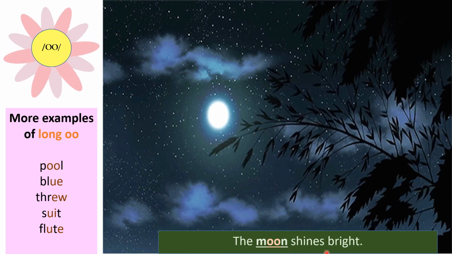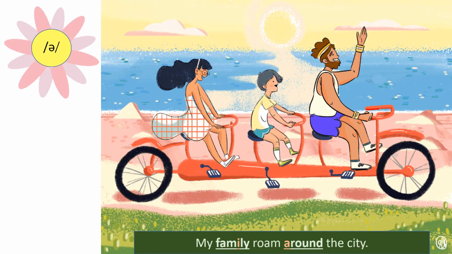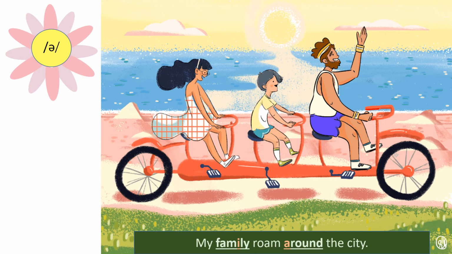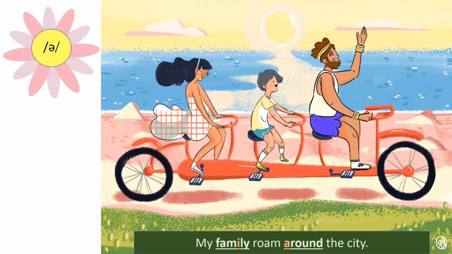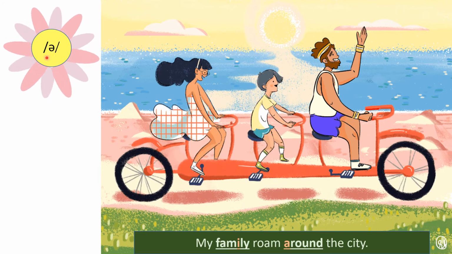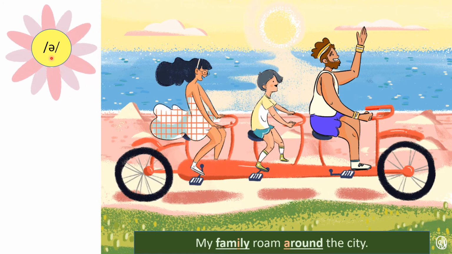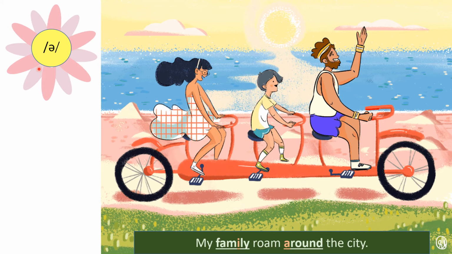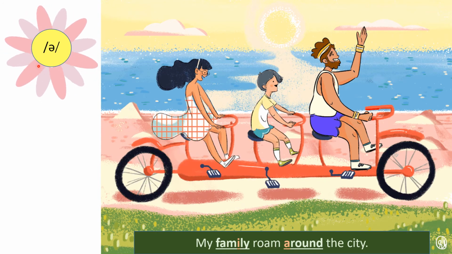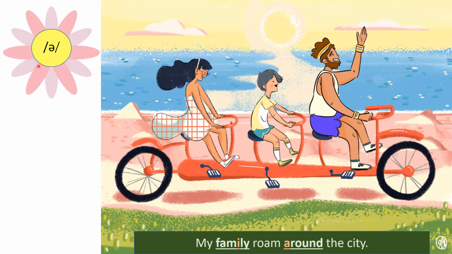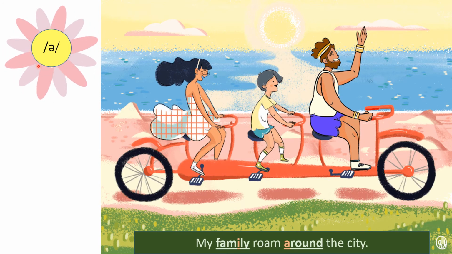The moon shines bright. Finally, we are now in the last pronunciation symbol for vowels, and we have here the symbol of the schwa sound. The schwa sound is the most common vowel sound in English. It has a neutral mouth position.